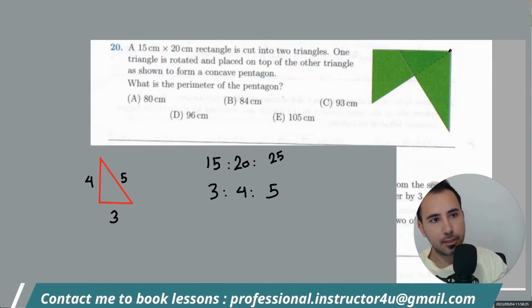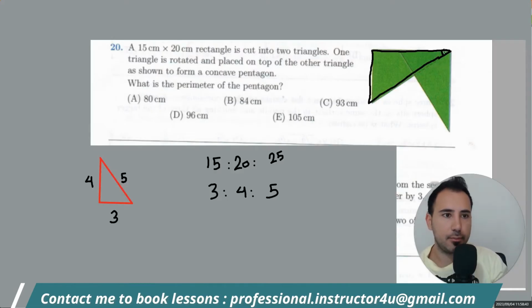See, this angle is common between this triangle, which we color, and this one. So both of them have the same angle, and both of them have a 90 degree. So the third angle is also the same. So because both of these triangles have the same angles, they're similar.